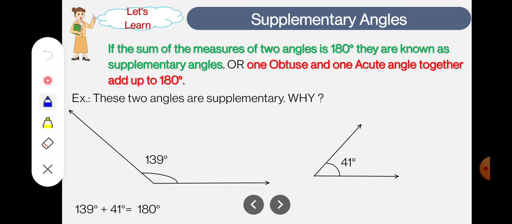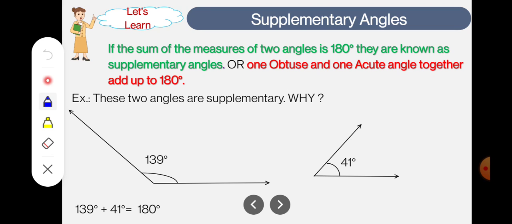If you take 130 degrees and 50 degrees, again the sum is 180 degrees. If one angle is 100 degrees and one is 80 degrees, the sum is 180 degrees. So one obtuse and one acute angle together add up to 180 degrees.